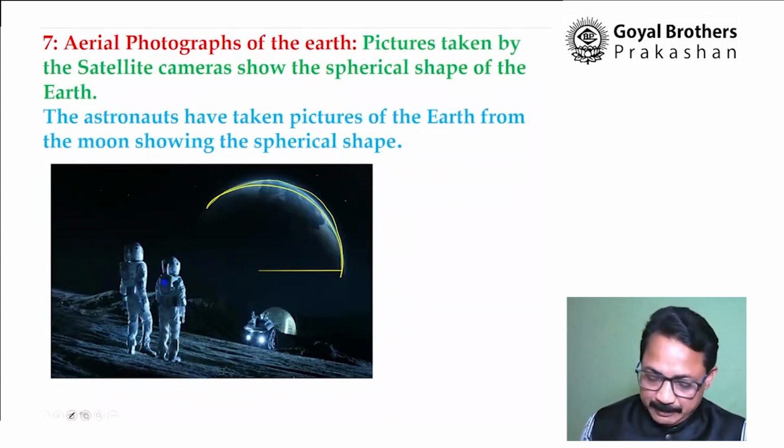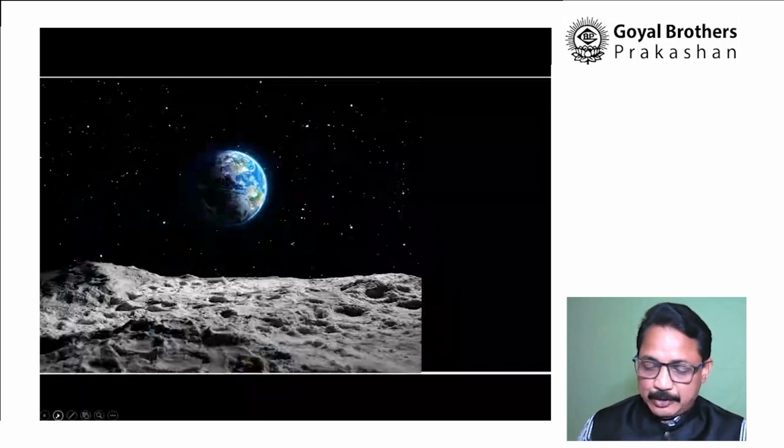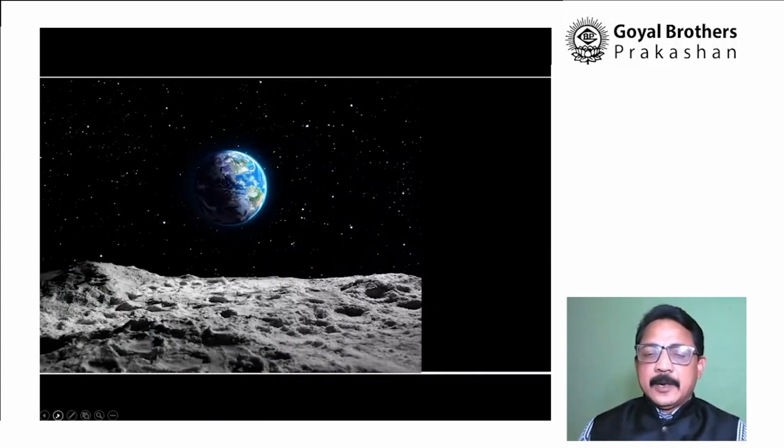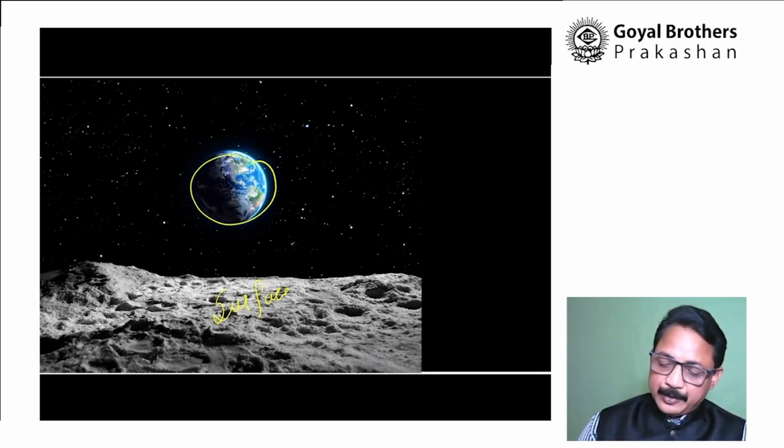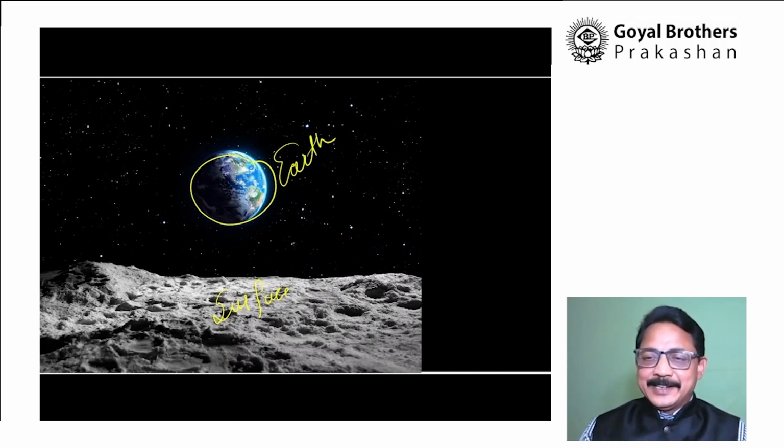These are pictures taken from satellites by the astronauts. This is the surface of the moon, and in the background here you see the earth. It's a proof that yes, our earth is truly spherical in shape.